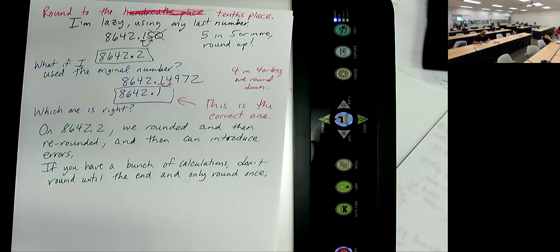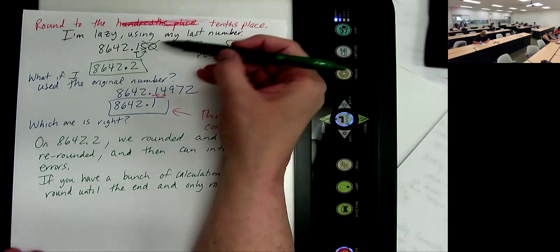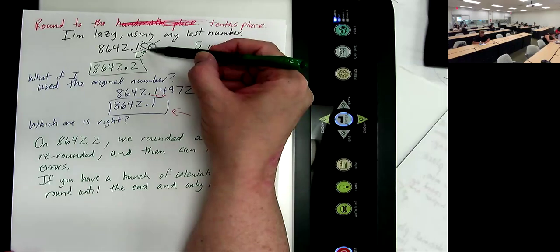Yes, the one closest to accuracy. The re-rounded one is less accurate. It doesn't always happen. The re-rounding problem only happens when the digit changed up to a 5. So it was a 4 and it got rounded up to a 5.